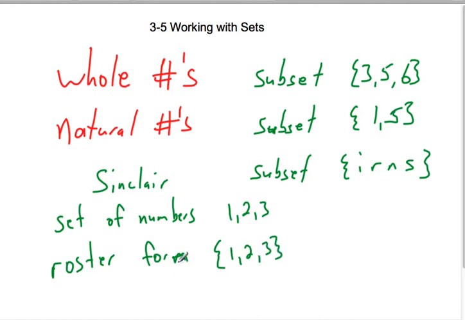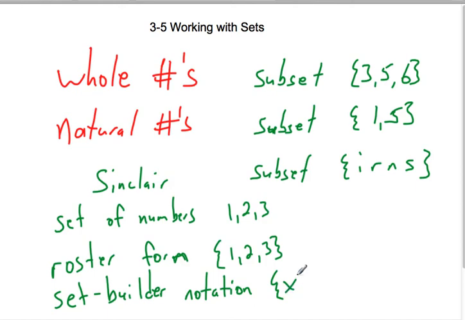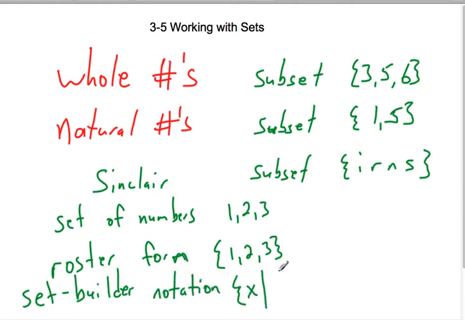But then there's also something called set builder notation. Not sure why it's called this. It also uses braces. And it uses a variable, so we just make up some variable. And then we would use a descriptor to talk about the elements in the set. So they're natural numbers.